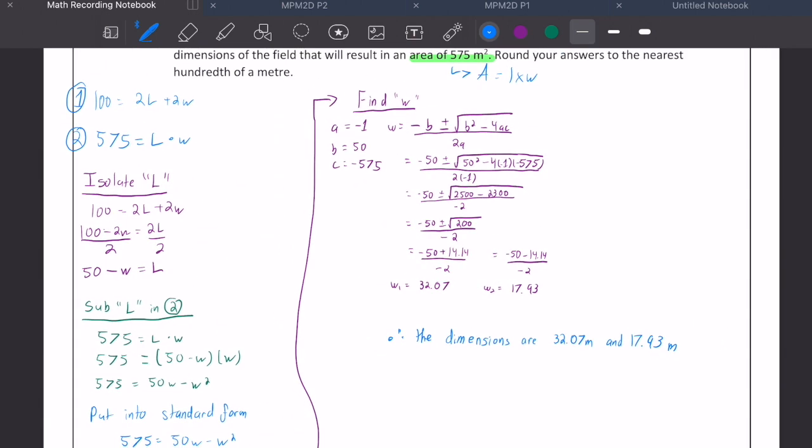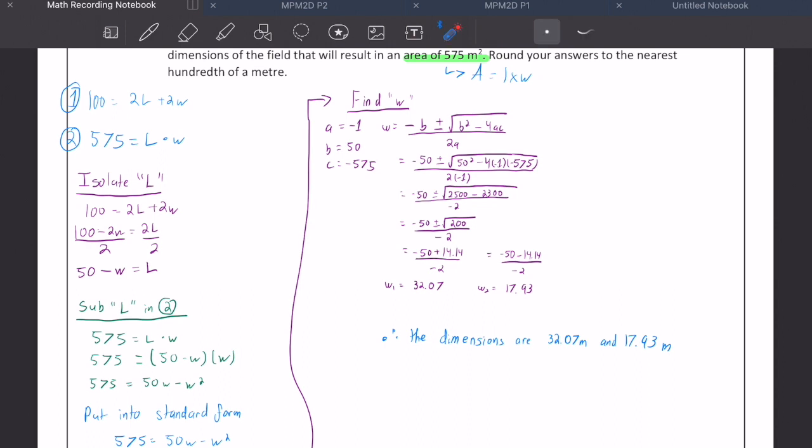So backing out here, the steps that we did was bring the information together and create two equations, one of each. We isolated one variable and subbed it into the other equation. Once we did it, what we end up getting was a quadratic relation. We put that quadratic relation into standard form and then use the quadratic formula to solve for the actual dimensions.